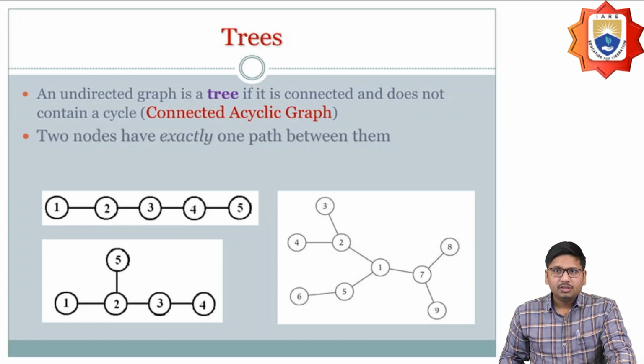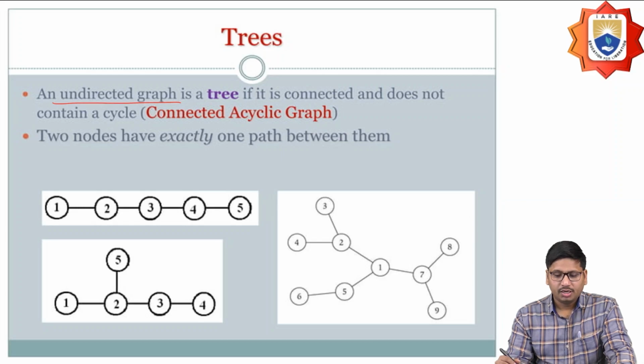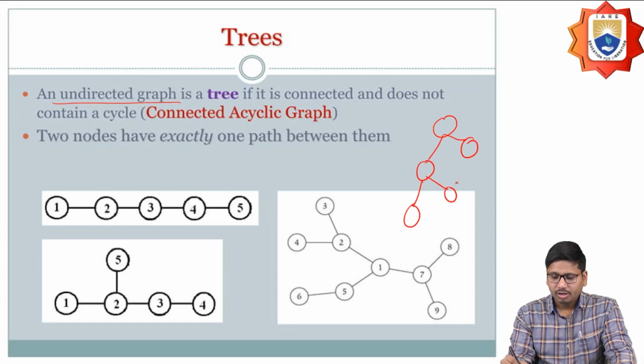And normally trees, as you already know, are a collection of nodes and edges. An undirected graph is considered a tree if it is connected and does not contain a cycle, and any two nodes have exactly one path between them. Suppose I represent a tree like this: every tree is a graph, but a graph may not be a tree.